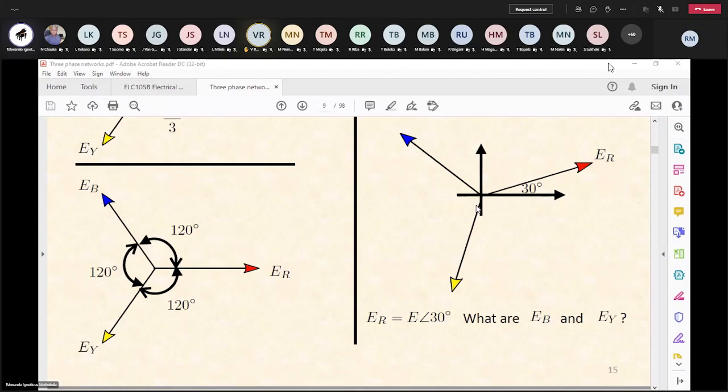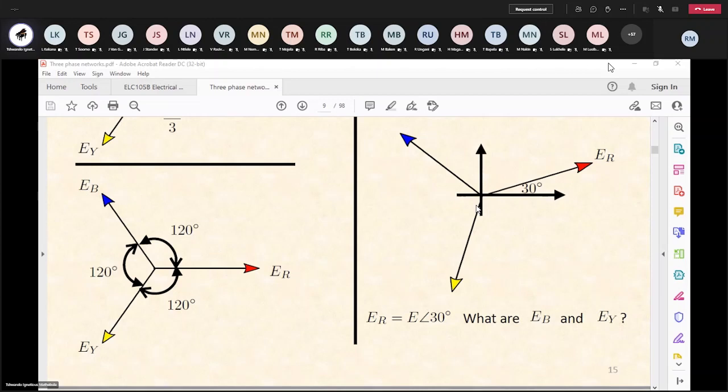So if you draw it properly, EY has to be somewhere here, and then EB would be E at 150 degrees. So these will be your voltages.